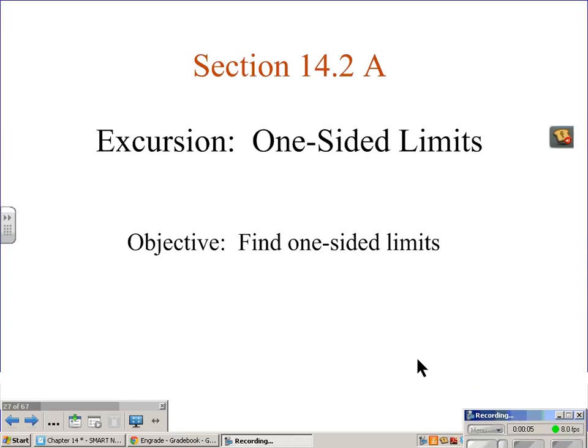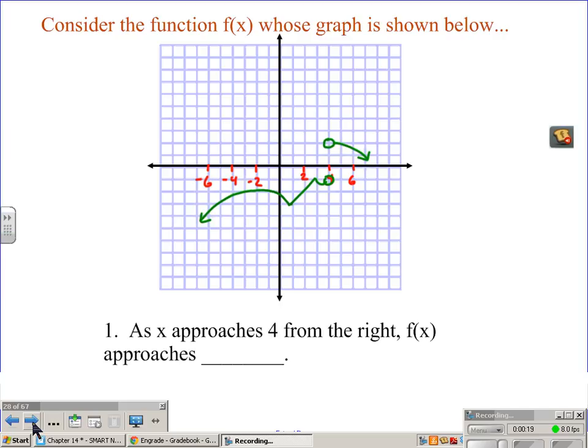In section 14.2, we're going to learn about one-sided limits, and so our objective is basically just to find one-sided limits. So I'm going to ask you to consider this function here, f of x, and the graph is shown for us there in green.